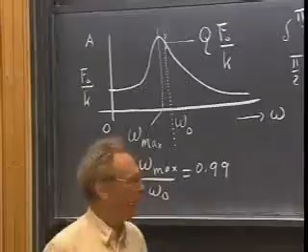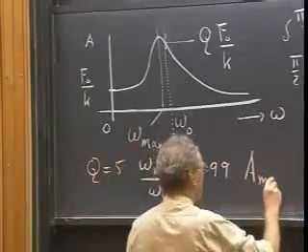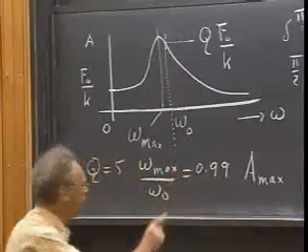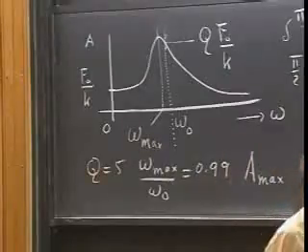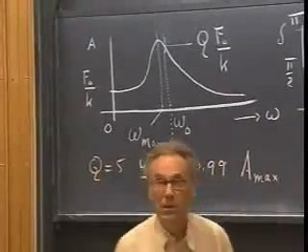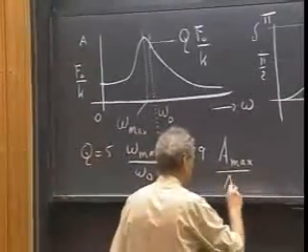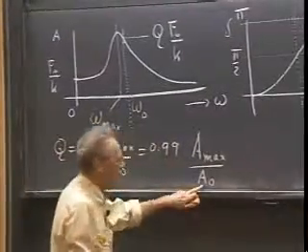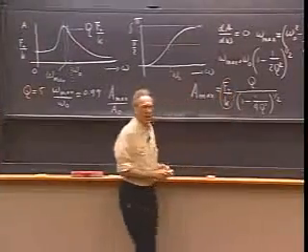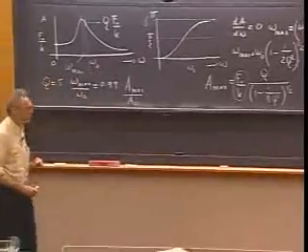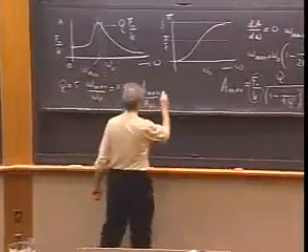And then, if you want to know now what A max is, so you would think that A max is very close to Q times F0 over K, but it is not Q times, it is a little larger. So if we find A max divided by A0, where A0 is meant to be the amplitude when omega equals 0, that is a shorthand notation, this number is not Q, a little higher, it's now 5.03.